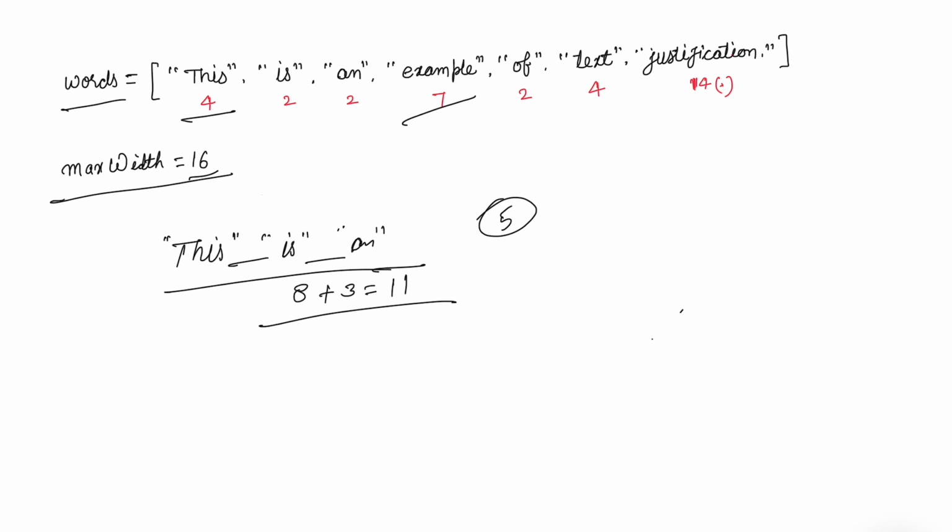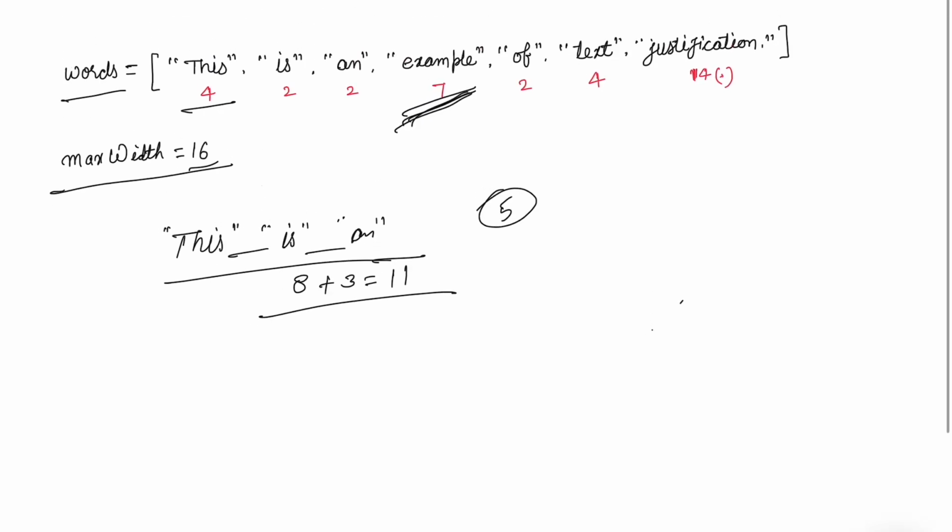That means we can't take this word inside this line. So what will we do? We will update the first sentence: this will be there, is will be there, and will be there.